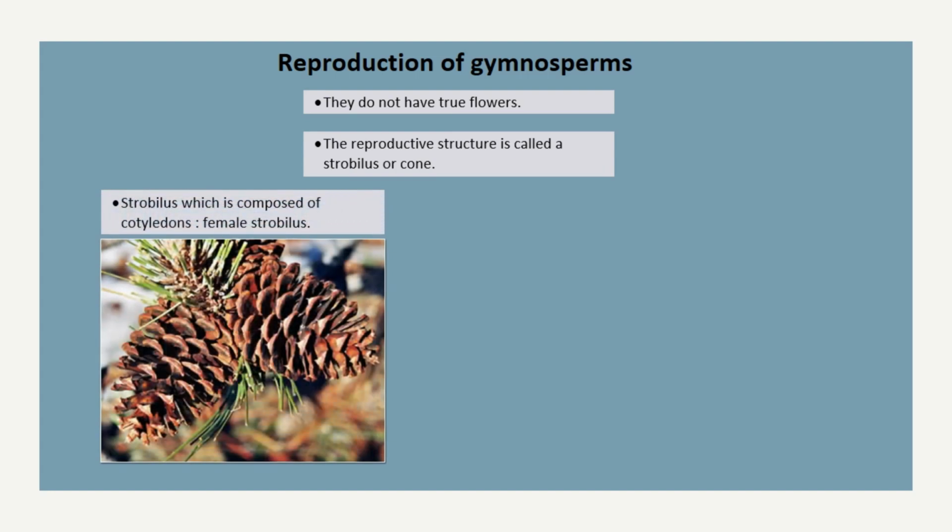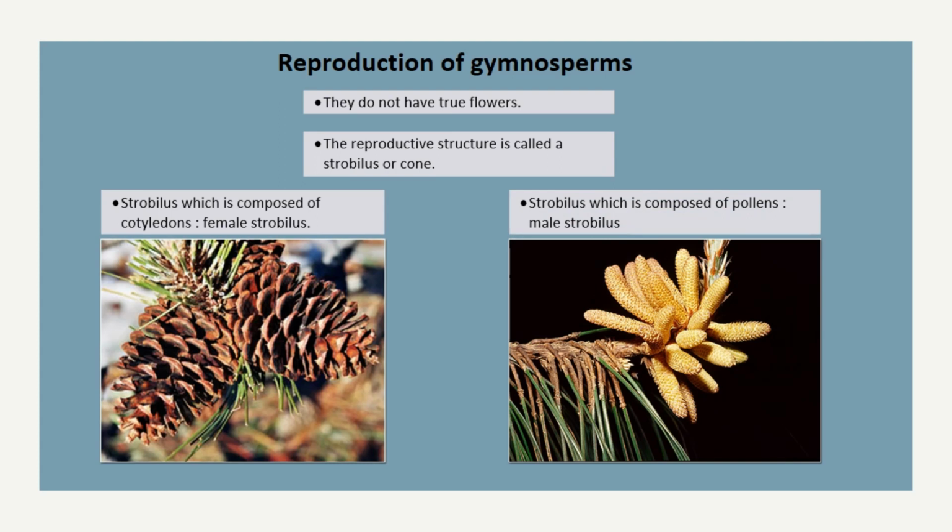The female strobilus bears the ovules having the megasporangium, which produces the haploid megaspores. The male strobilus is composed of pollen and has the microsporangia that produce the haploid microspores. Some of these microspores develop into male gametophytes called pollen grains, while the rest degenerate.